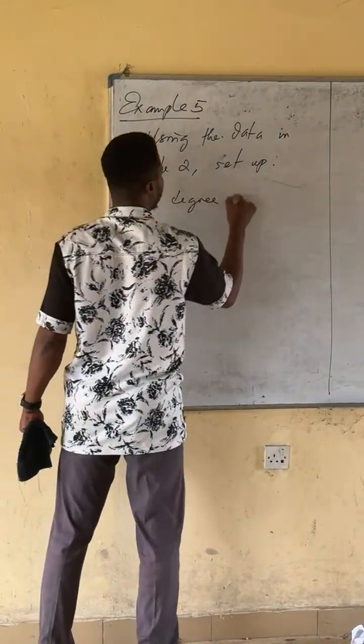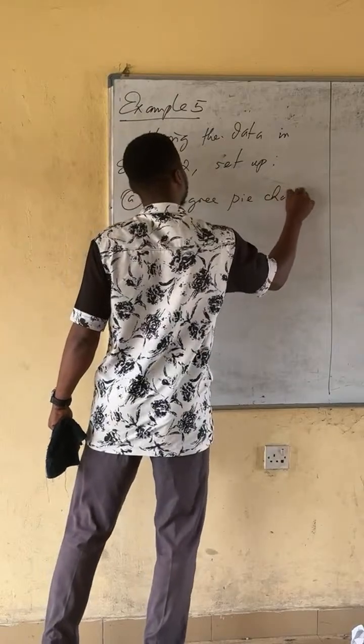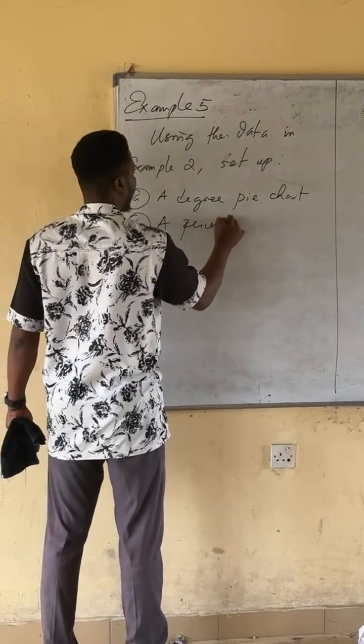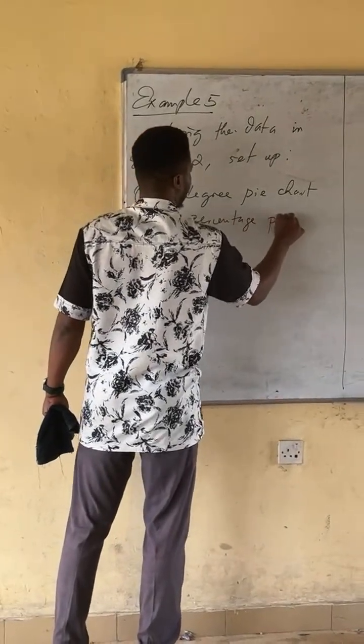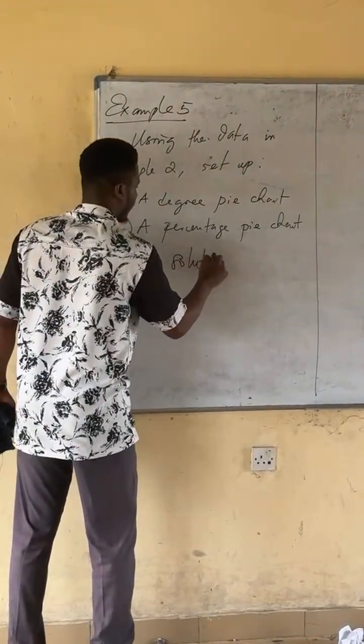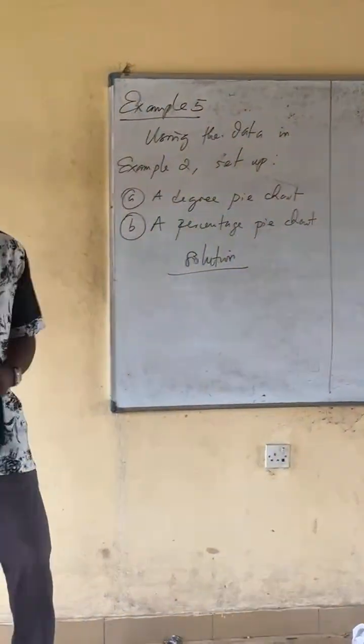Set up a degree pie chart. B, a percentage pie chart. Are we there? So let's do the following. Now, please take notes.